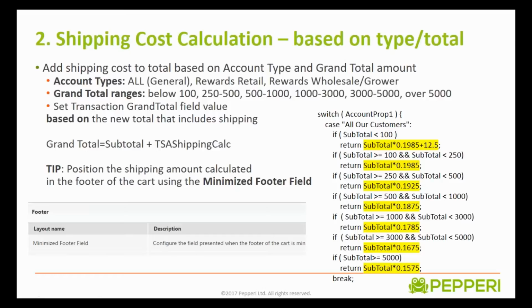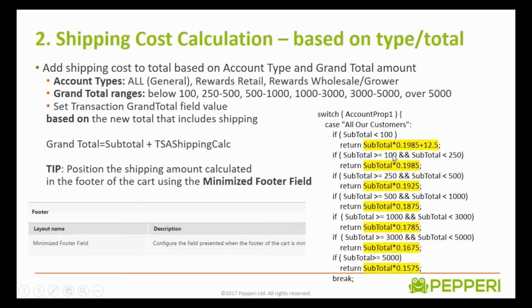What the calculation will do is it will check using JavaScript, based on account property 1, which is this account type, if it's all our customers. And then it goes through a whole bunch of if statements to check the range of the subtotal. If it's less than 100, then the subtotal gets this additional shipping calculation added to it. It's the subtotal times almost 20% plus 12.5.